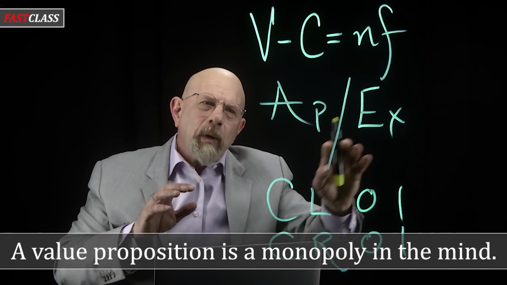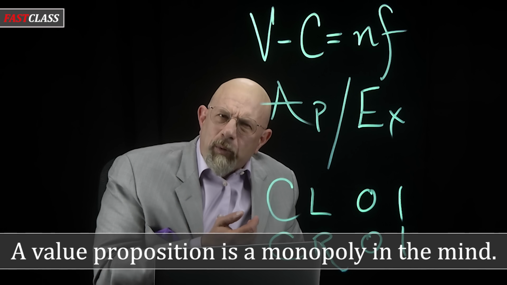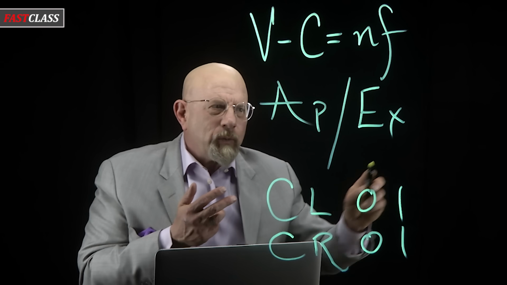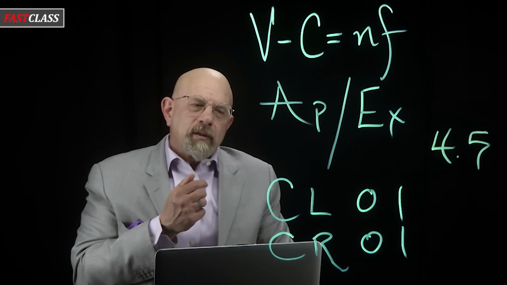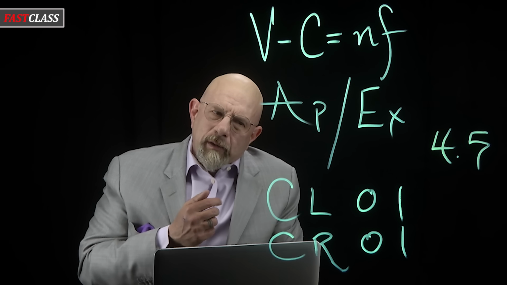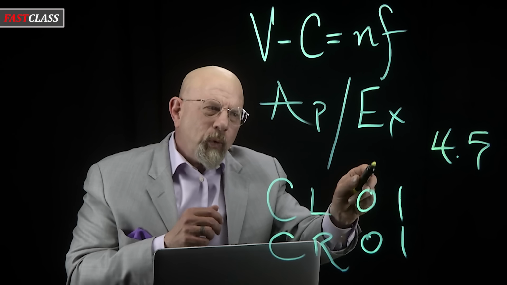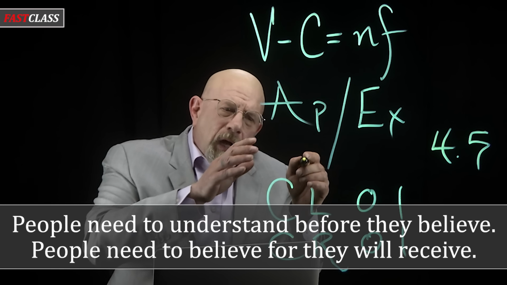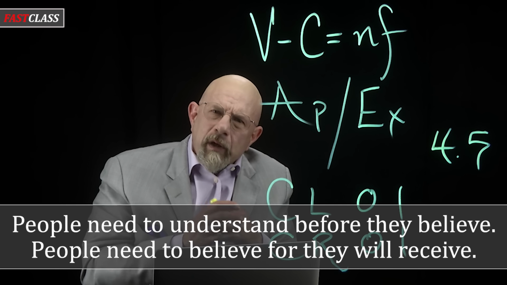If there are 2 other places, then that 9 is cut to let's call it a 4.5. This enables us to consider a simple equation. If 4.5 represents the net force of your value proposition, but people can't understand it, then they get a 0. What is 0 times 4.5? 0. If people understand it, but they don't believe it, what is 0 times 4.5? 0.